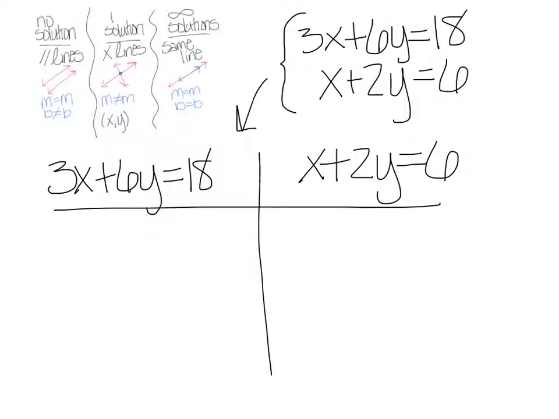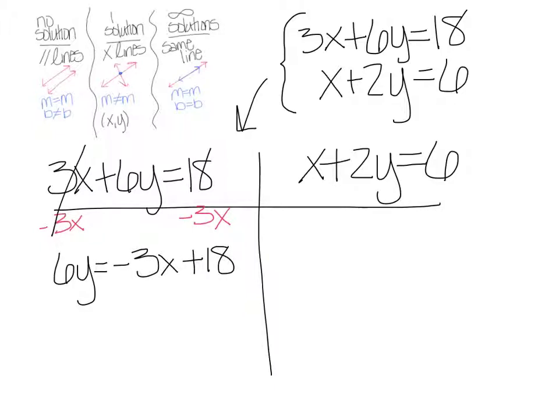So starting with the 3x plus 6y equals 18, I'll subtract 3x from both sides. That'll leave me 6y equals a negative 3x plus 18. Then I'll divide every term by 6.